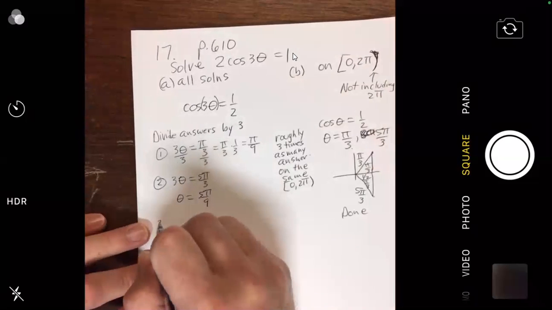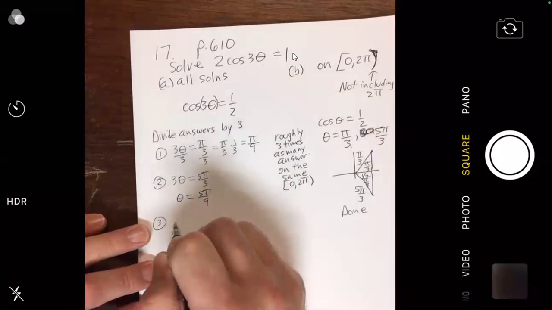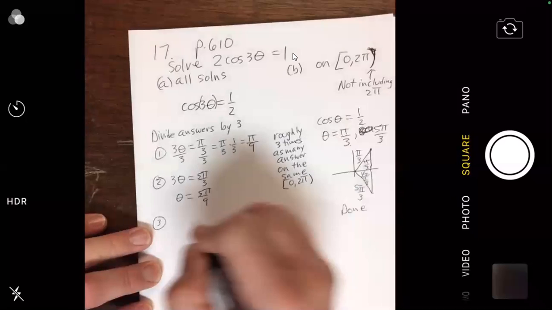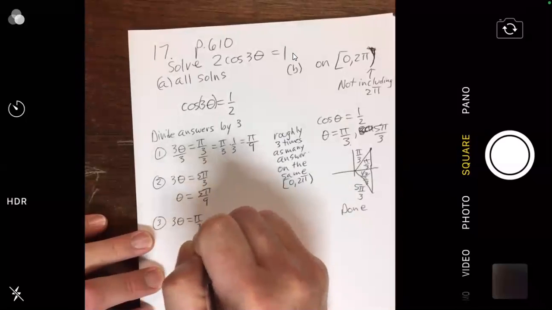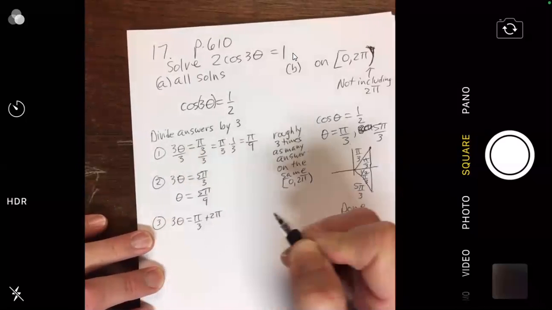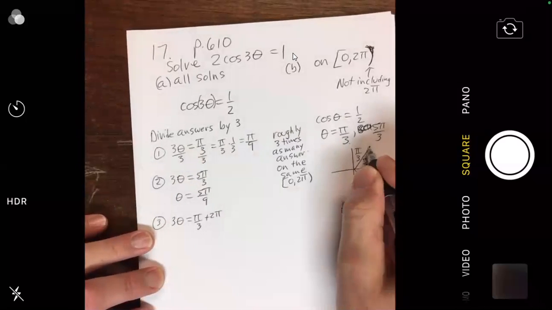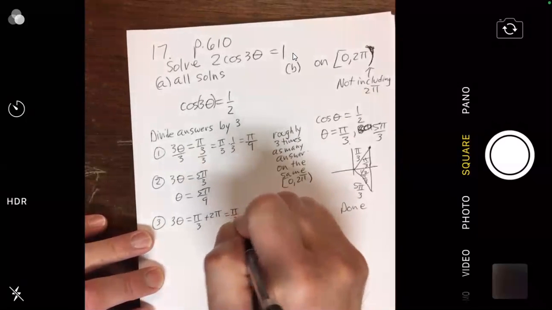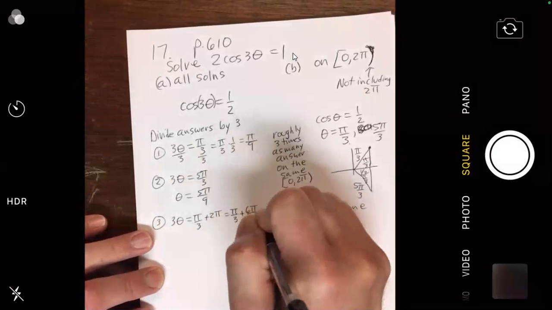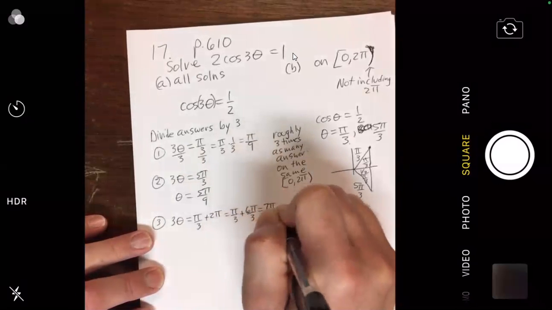But let's just keep going. Second time around, my next cut at it, I'm at 3 theta equal to pi over 3, but I've added 2 pi. So I've come around on it again, which means I have pi over 3 plus 6 pi over 3, which is 7 pi over 3.